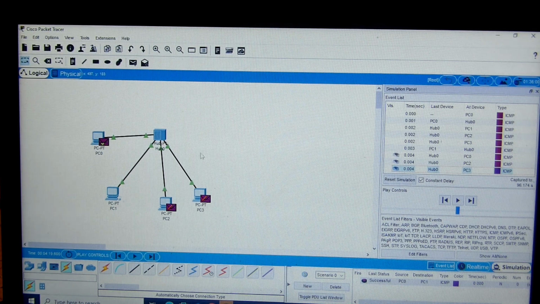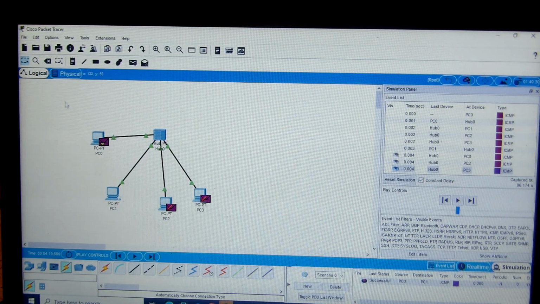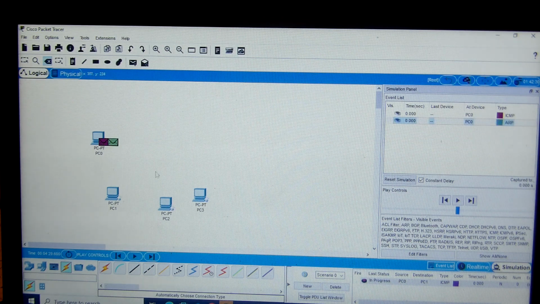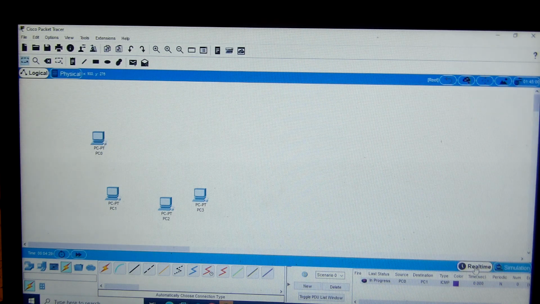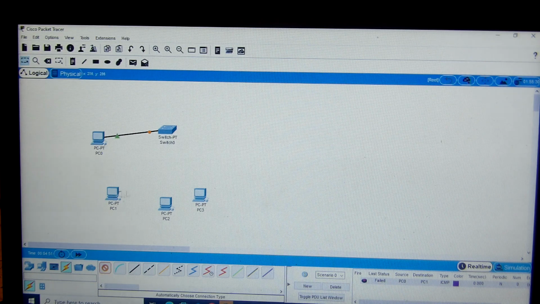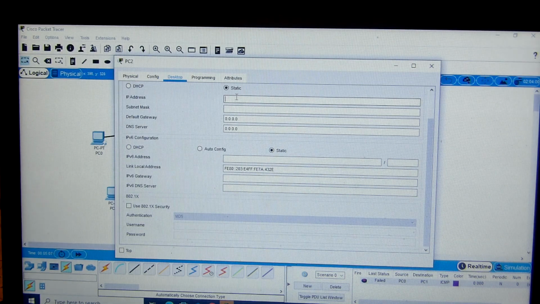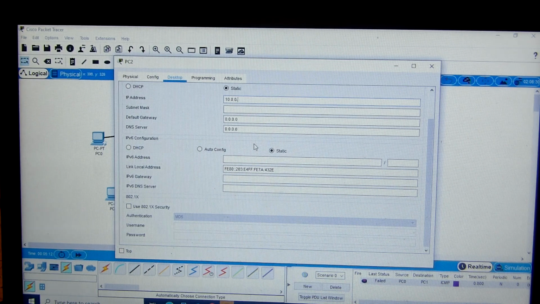But the switch is here, okay, and then we connect those. We didn't give anything to this one.